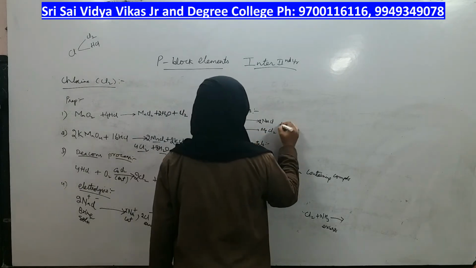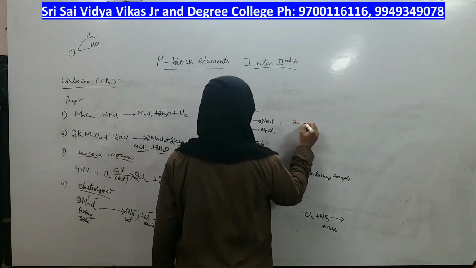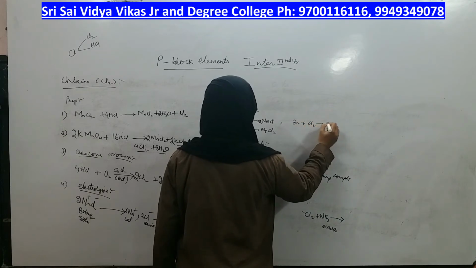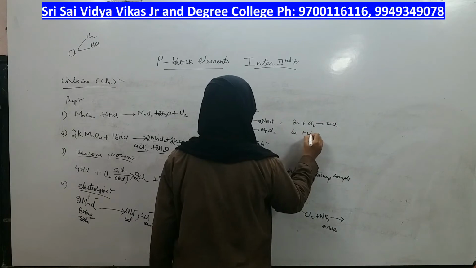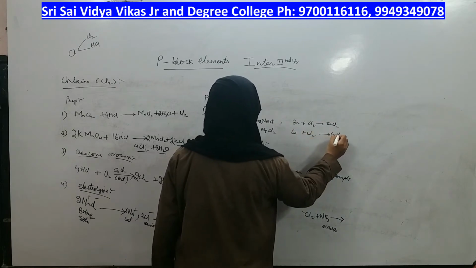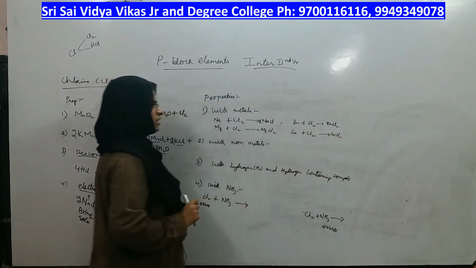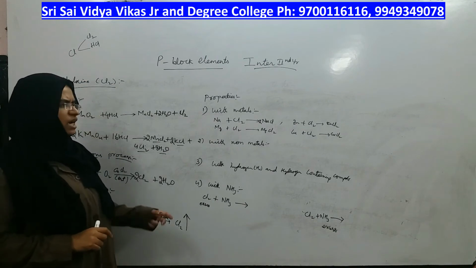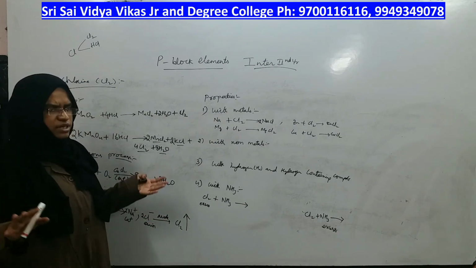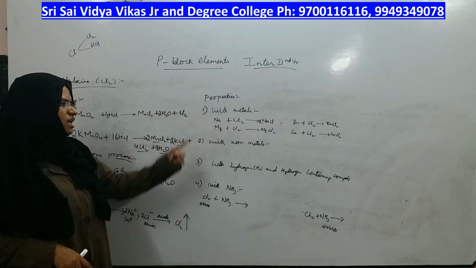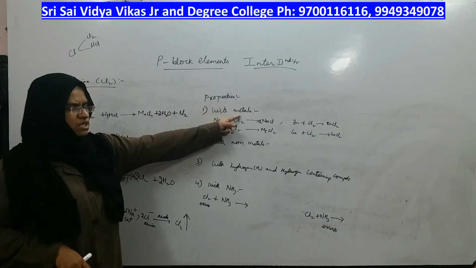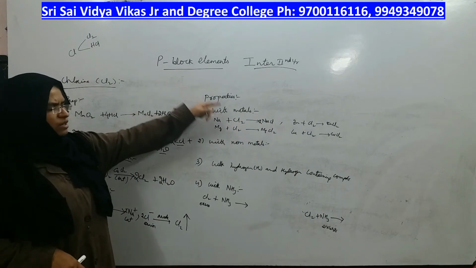With zinc, you get zinc chloride. With copper, you get copper chloride. Different types of reactions are possible in which halogen reacts with different metals to give its halide as a salt, right? That is the reaction of halogen with metals.